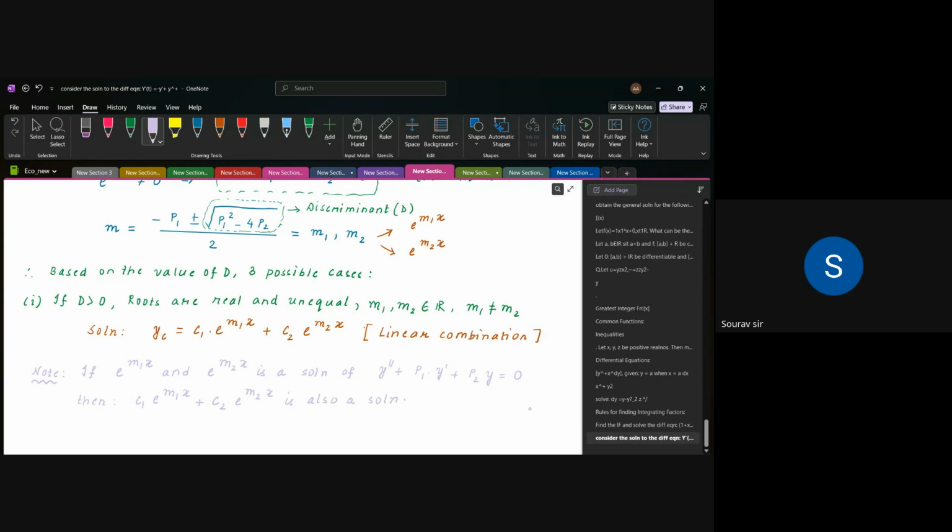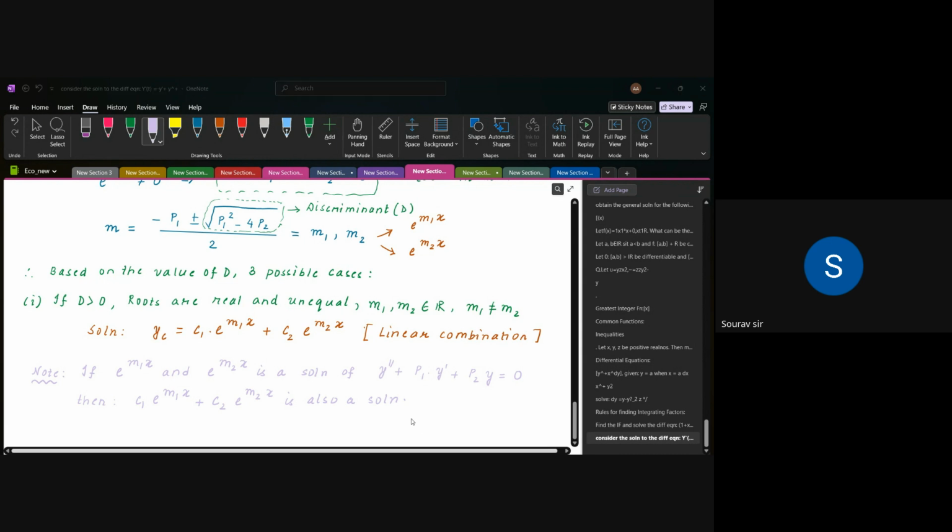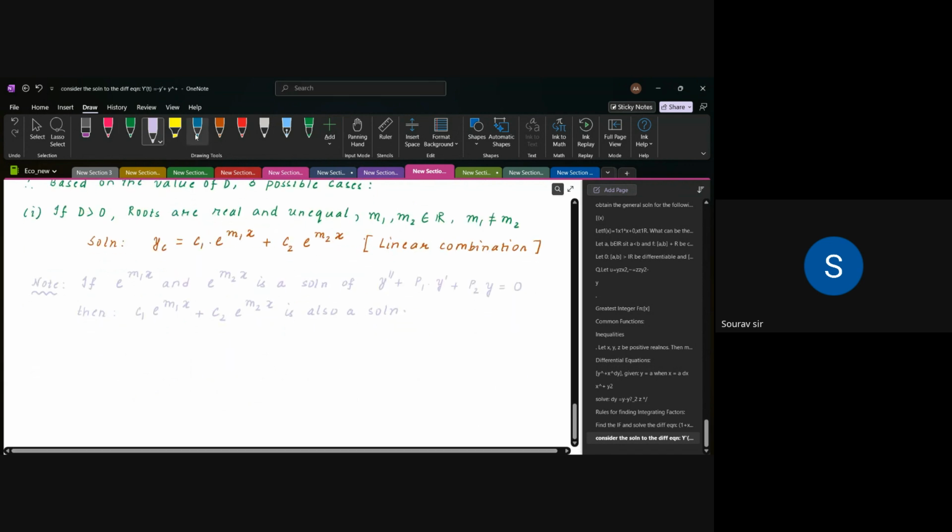Correct? This is what I just said. Now let's try to understand this a little bit mathematically, if that is clearer to all of you.